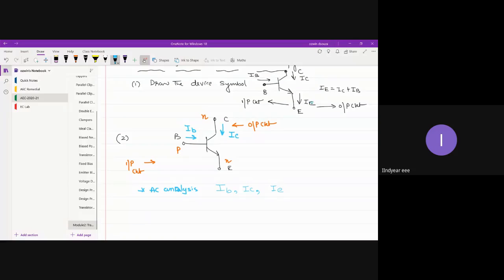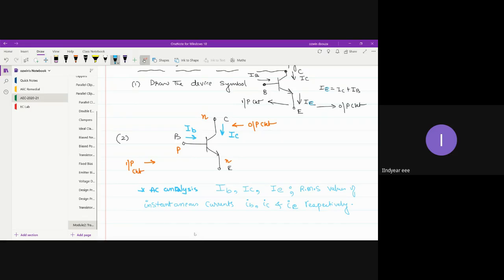This should have been small i. These currents represent RMS values of the instantaneous currents ib, ic, and ie respectively.